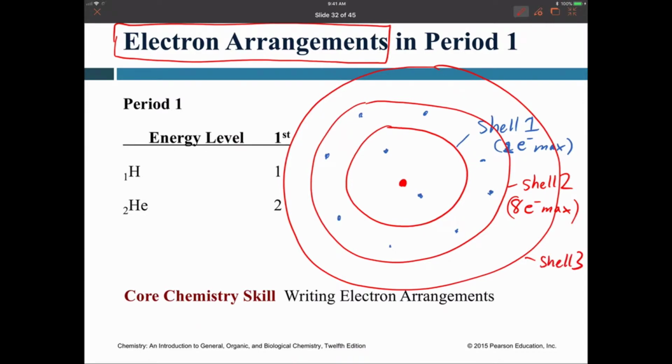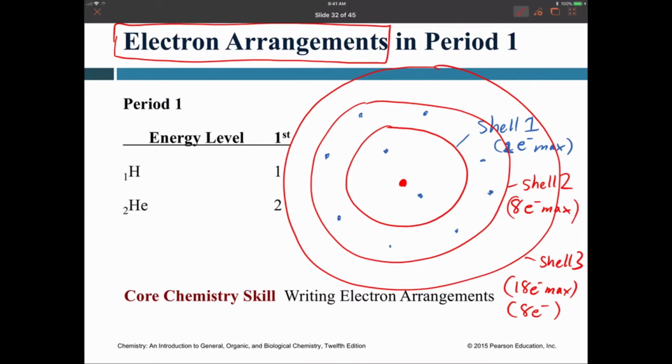Now the shell number 3 is a little bit strange. There are 18 electrons max. But we're going to deal mostly with 8. Now the reason I'm telling you that there's 18 maximum is because there's one question that I usually put on the multiple choice, and it asks, the third energy level of an atom has how many electrons maximum?